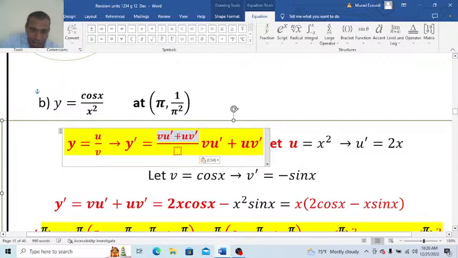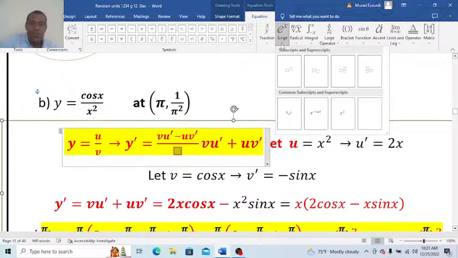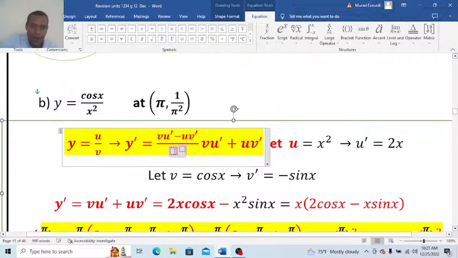But here there is a negative sign, and this is squared. This, learners, is v squared. If you apply the quotient rule correctly, you will never face problems, and your answer should be correct.